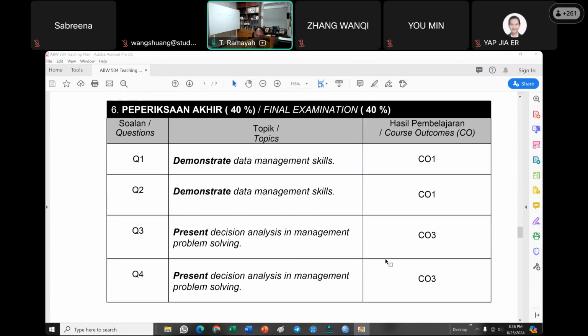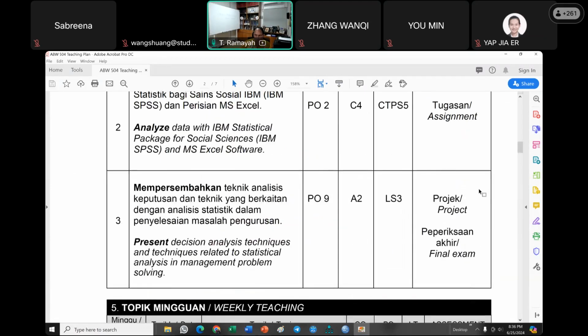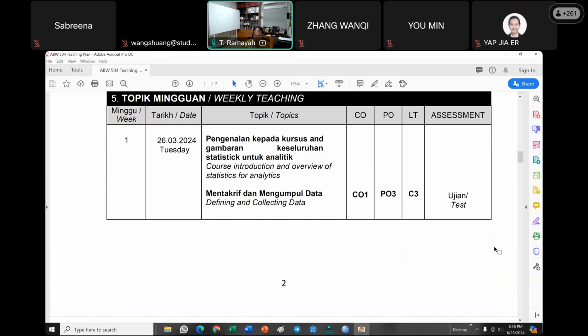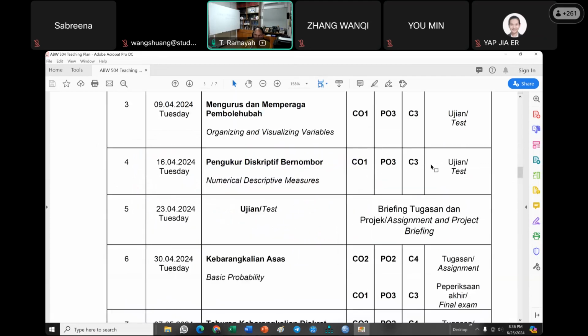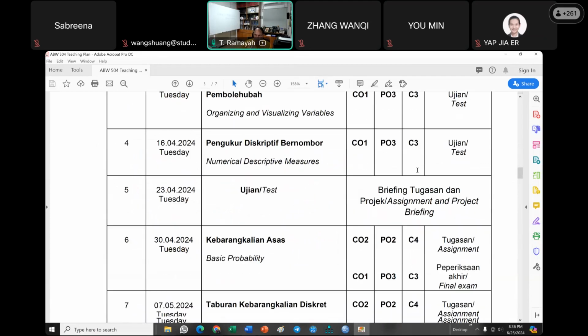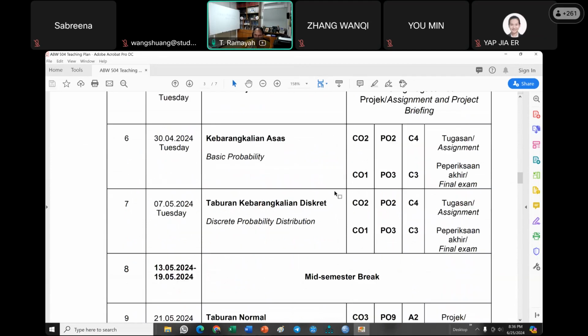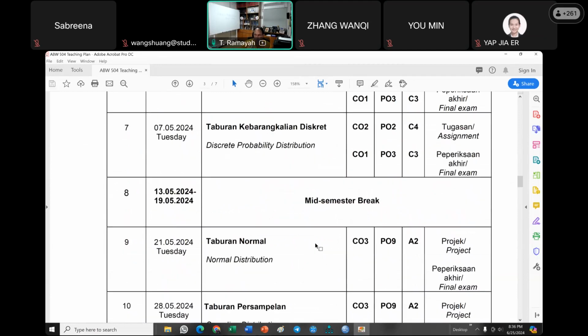They are already covered in your test, so they will not be asked in the final exam. Probability sampling, basic probability, discrete probability, continuous probability will be covered in the final exam. Can you see here, clearly stated?